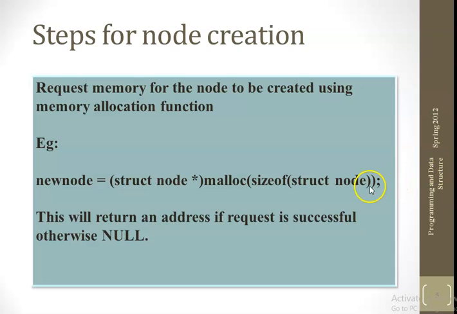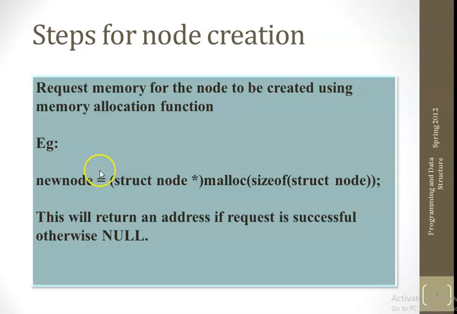If it is available, the function returns the address. Suppose the size of the structure node is 6 bytes, then from some location 6 bytes of memory will be reserved, and the starting byte will be stored into this pointing variable.